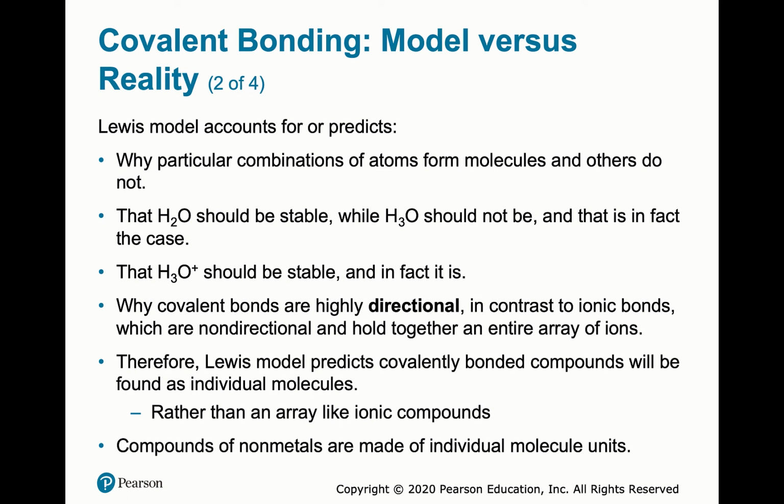In Lewis theory, we focus more on individual molecules for covalently bonded compounds, versus the lattices for ionic compounds. Nonmetals have individual molecule units, and the numbers are important. Where you have ionic compounds, it's more the ratios.